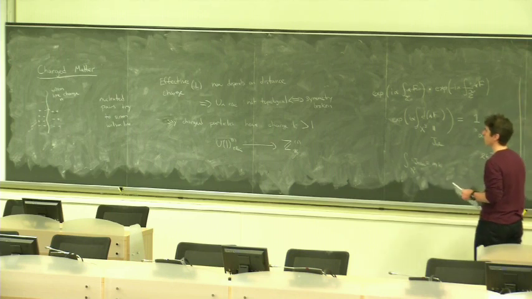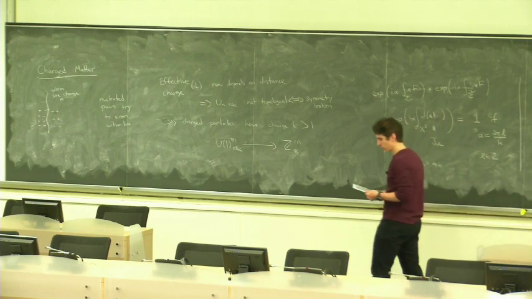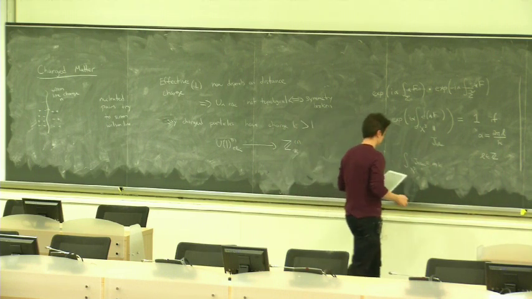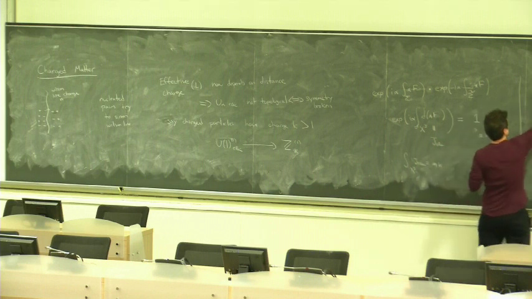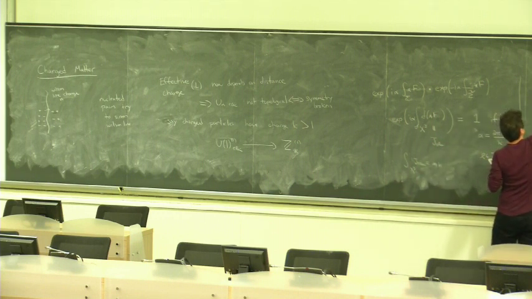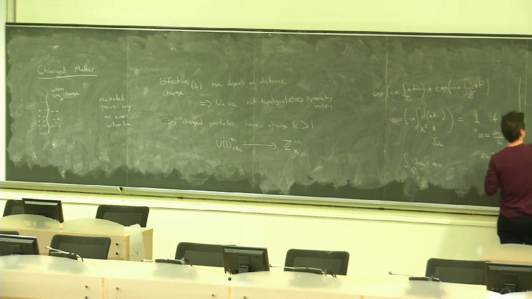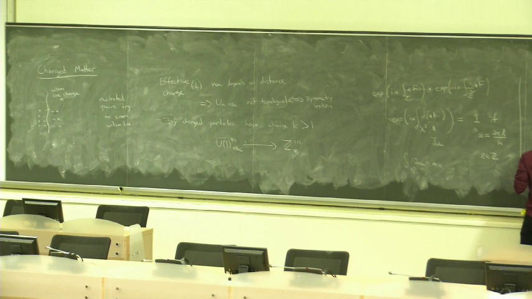Okay, that was all about one-form symmetry in abelian gauge theory. But where we'd really like to get to is non-abelian gauge fields. So let's again come back to our old friend, SUN Yang-Mills.